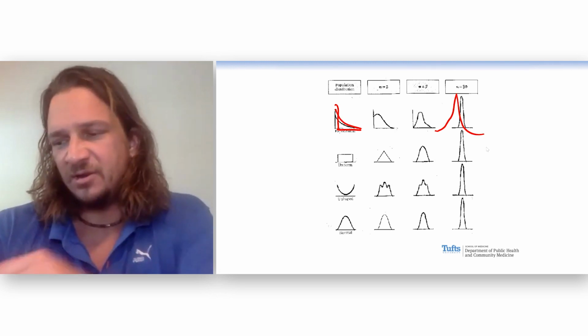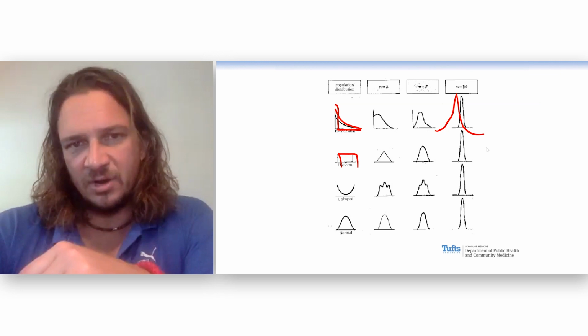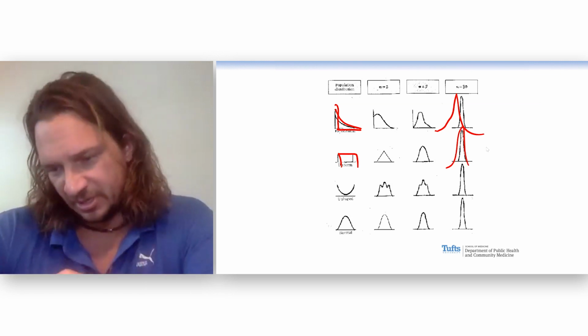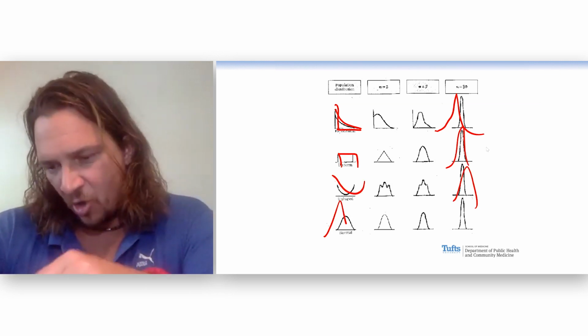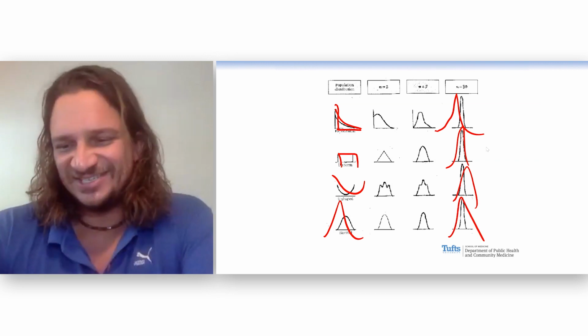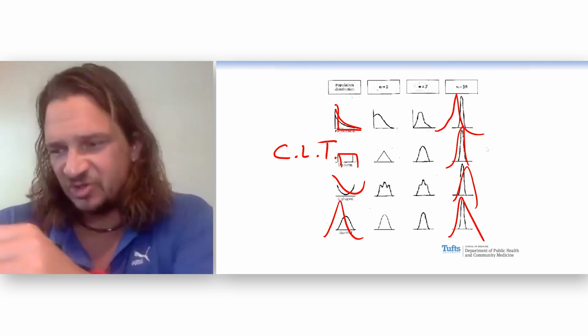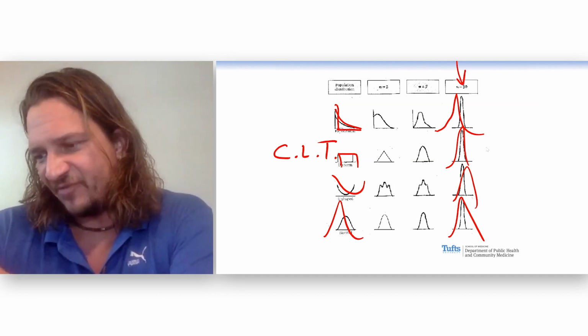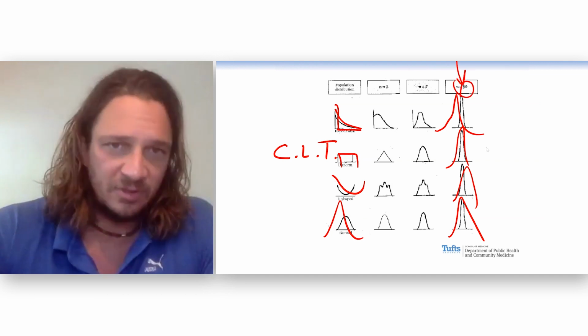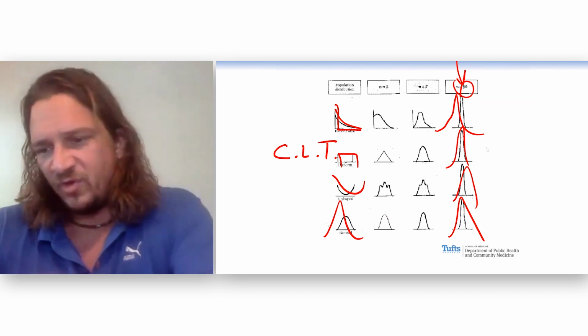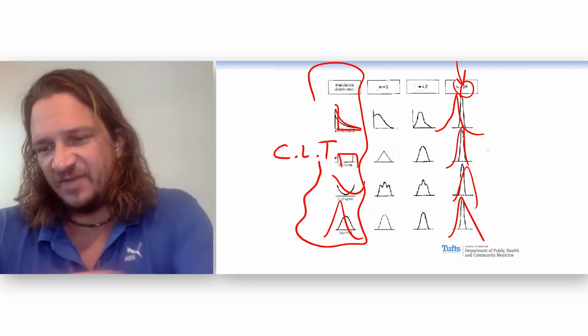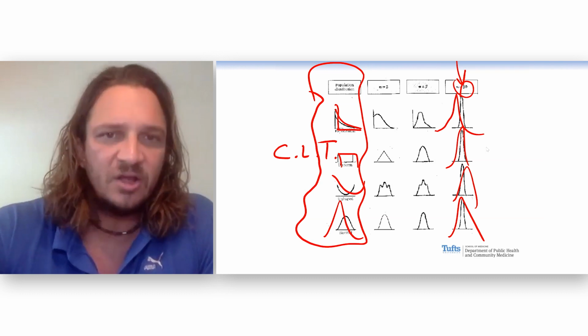Samples of size 30, normal. This one, not normal. Normal, not normal, normal, normal, normal. And so this is the idea of the central limit theorem, which says the distribution of sample means, if you have a big enough sample, will be normal regardless of what the individuals in the population look like.